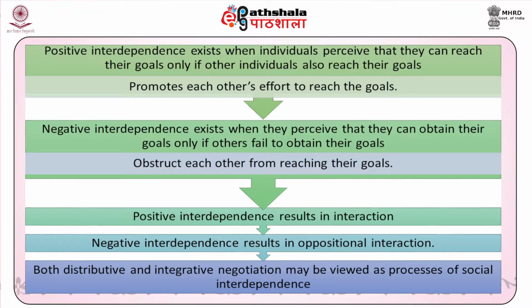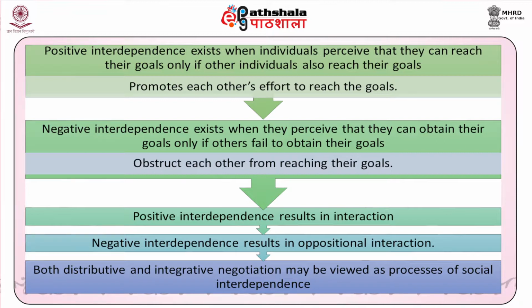Positive interdependence results in interaction and negative interdependence results in oppositional interaction. Both distributive and integrative negotiation may be viewed as processes of social interdependence.